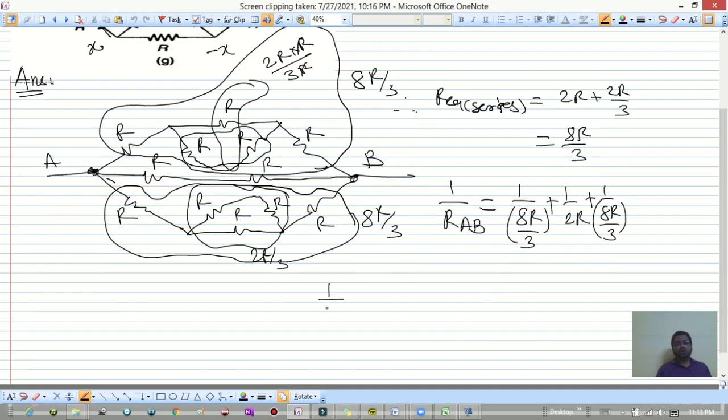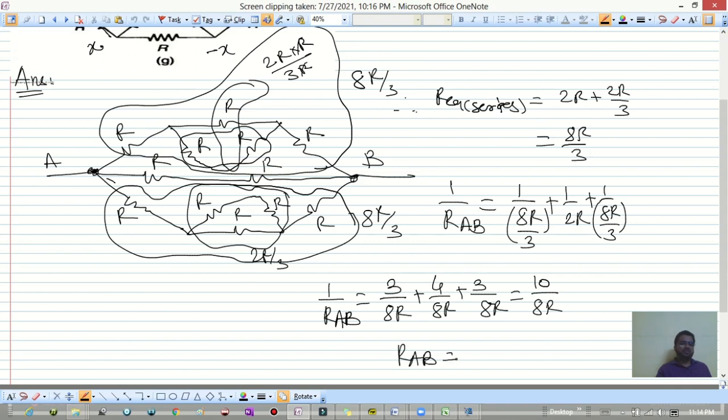If you solve this, 1 by RAB is equal to 3 by 8R plus 4 by 8R plus 3 by 8R, that is 10 divided by 8R. So RAB is 4R divided by 5. I hope this is clear.